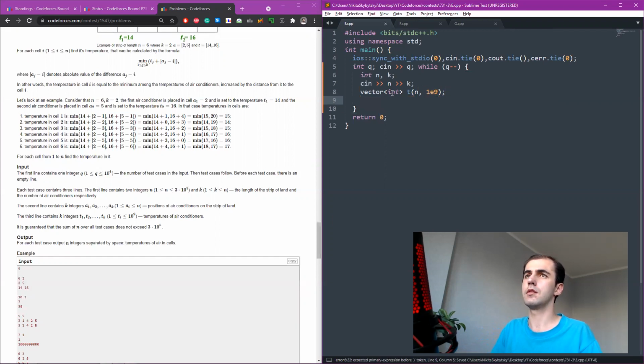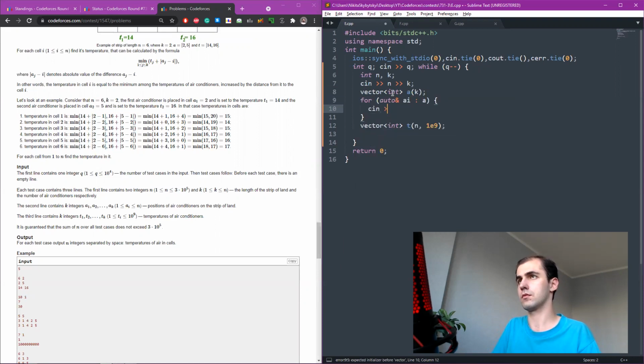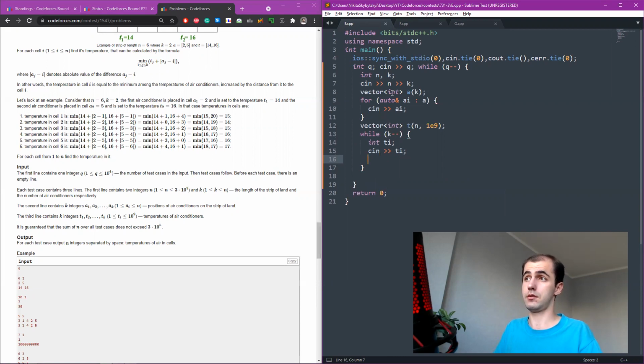Nah. Okay. I understand why people skip to F, because the first 5 problems are just dumb implementation. I am very disappointed. Very.